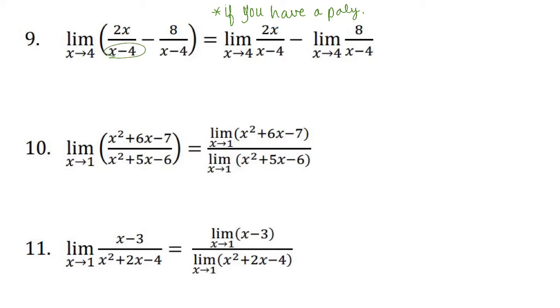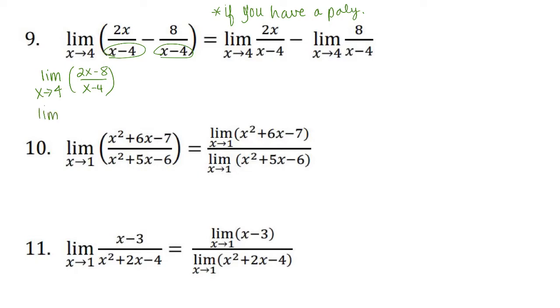Now, for this first one, notice here and here you have a common denominator. So our limit as x approaches 4, that's really going to be 2x minus 8 over x minus 4. And so here we need to factor out a 2 in the numerator.